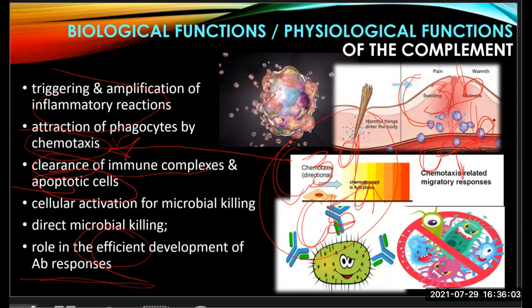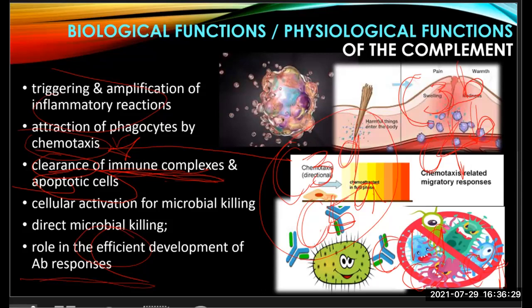However, if we are talking about how these antigen-antibody immune complexes are cleared or disposed of from the tissues, we have C1q and the covalently bonded fragments of C3 and C4. So C1q and C3 and C4 bring about the disposal of immune complexes from the tissues.